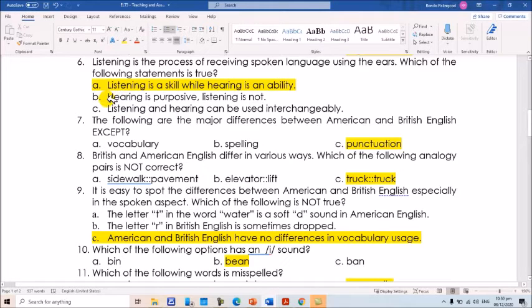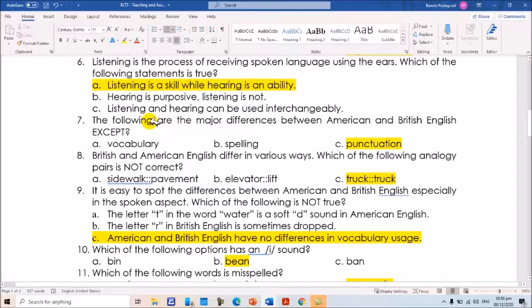So what makes option B incorrect? Hearing is purposive, listening is not. We all know that hearing is not purposive. Listening is purposive. Hearing is not. For item C, listening and hearing can be used interchangeably. So this is also an incorrect statement, since listening is different from hearing.